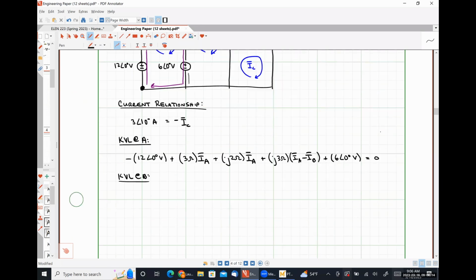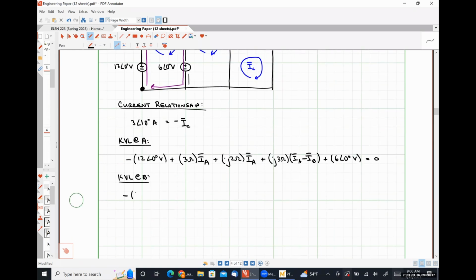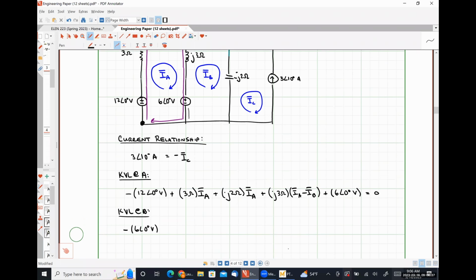Absolutely correct. Because it goes in the negative. So we're just paying attention to all the polarities here.